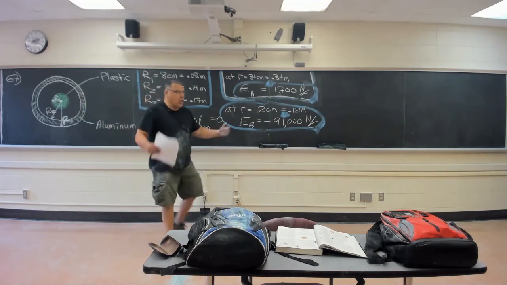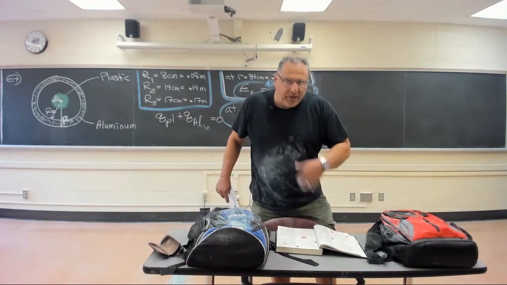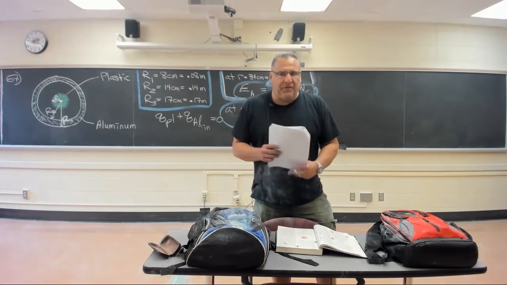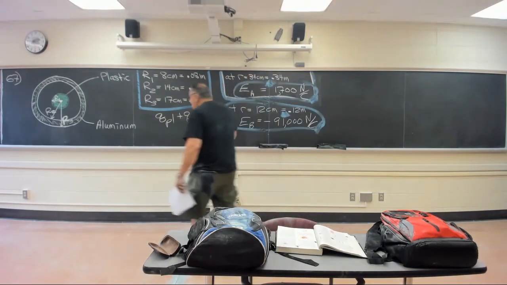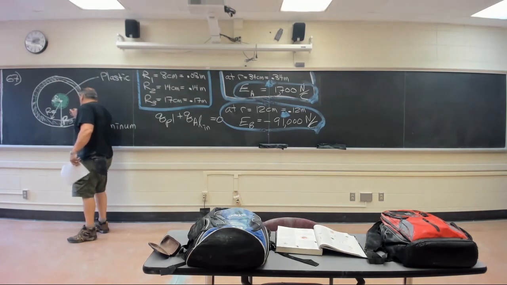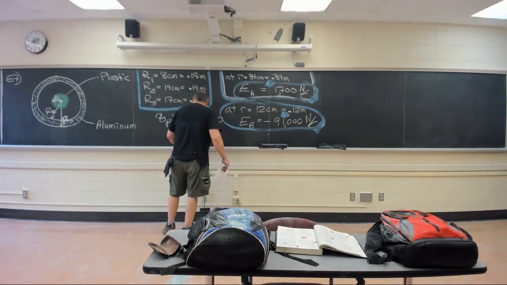The Q inside the aluminum shell and the Q on the plastic, when you add them together, has got to be 0, if the E field within the metal is 0. And that's where we're getting this statement.